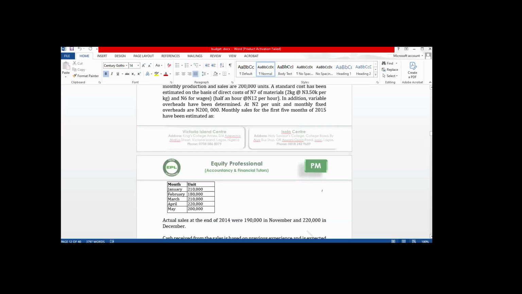Actual sales at the end of 2014 were 190,000 in November and 220,000 in December.